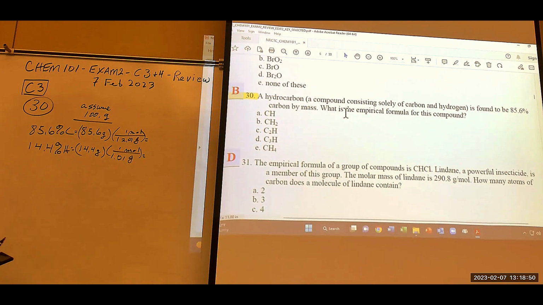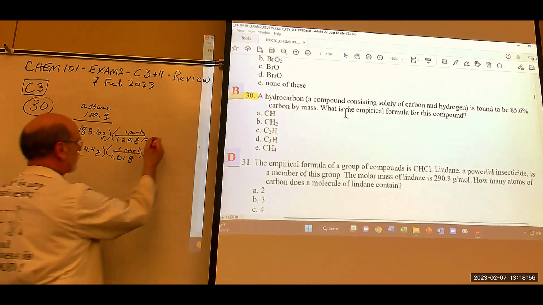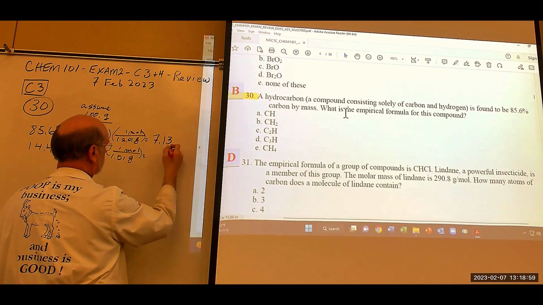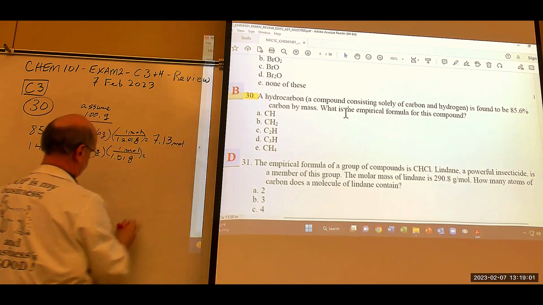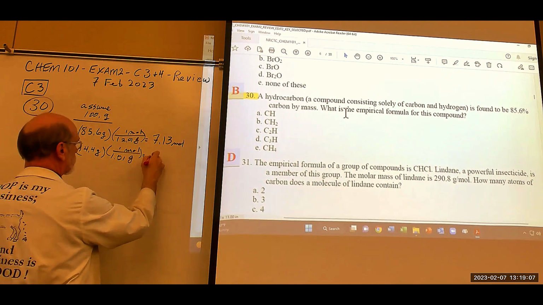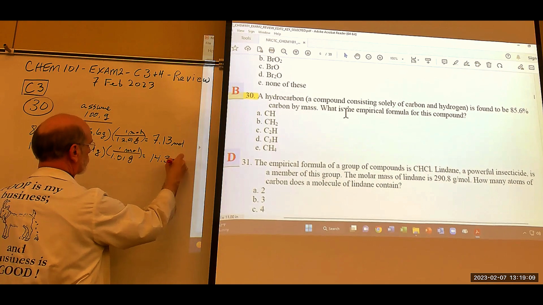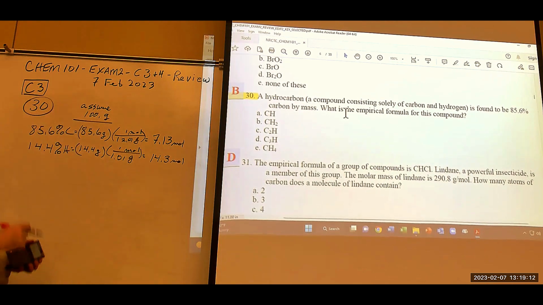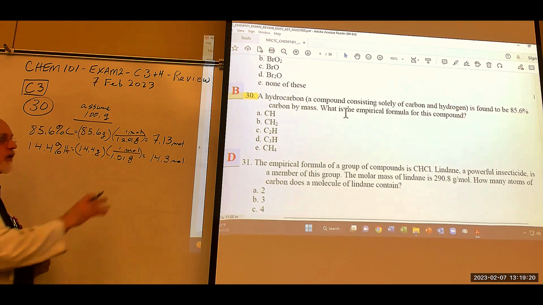So if we do 85.6 and divide that by 12.01, we get 7.13 moles. And 14.4 divided by 1.01 is 14.3. Normally what I would do is reduce these to as close to whole numbers as possible and start with the lowest one.